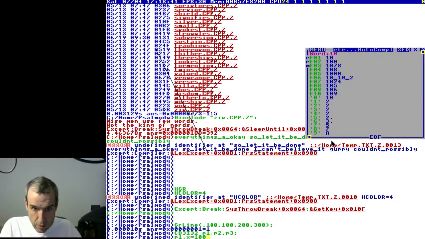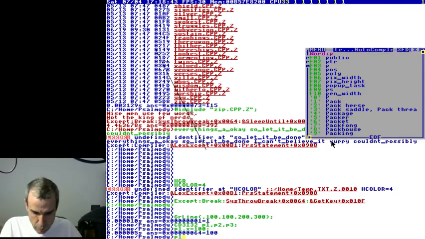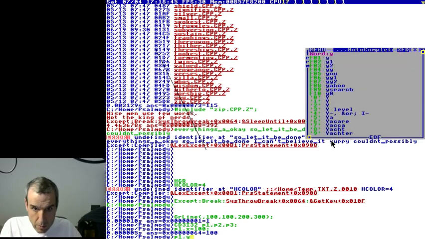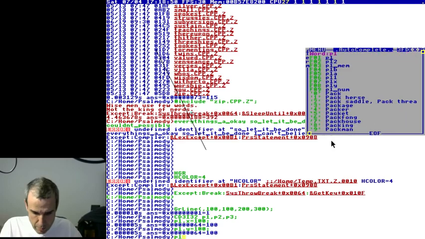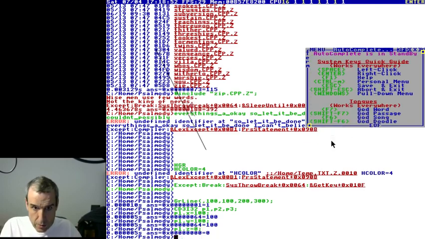P1.x equals 100, P1.y equals 100. I don't know if this can work. P1.z equals 0. Let's do that. You can do 3 dimensions. It does a transformation. Let's say 200.